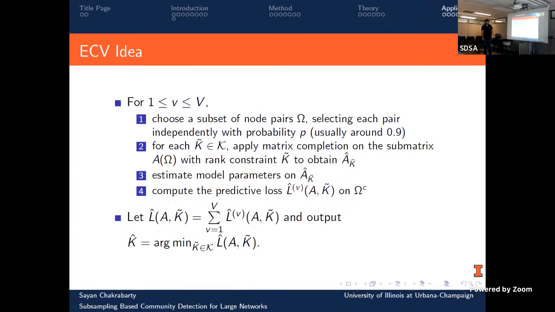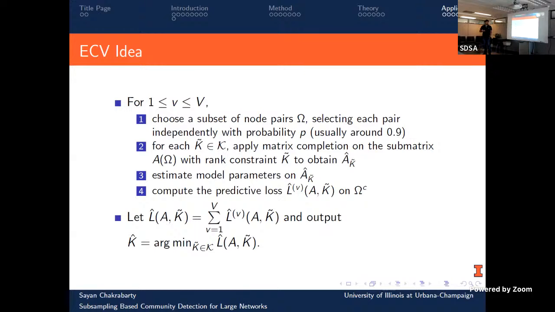And there's another idea, edge cross validation, where again we have V many folds, and this has a similar structure to NCV, but it uses a different method. So instead, we are looking at a random subset of node pairs omega, where we're selecting each pair independently with probability p, and the authors have suggested a probability around 90%. For each candidate value of k, we apply some kind of matrix completion method on the submatrix A omega, which is the submatrix from A which has the node pairs in omega.